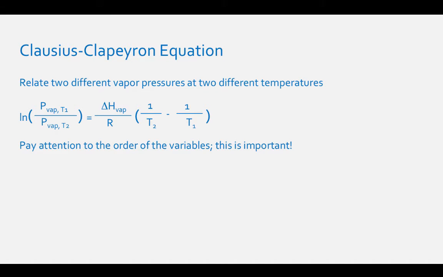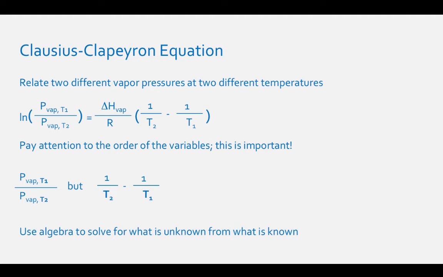Pay attention to what order the variables are in this equation. It is the first vapor pressure over the second vapor pressure, but it is 1 over the second temperature minus 1 over the first temperature. To use the equation, we will have to use some algebra to solve for what is unknown with what is known.